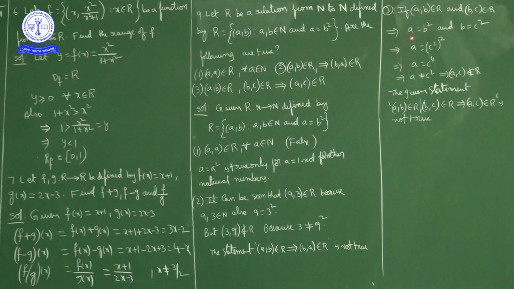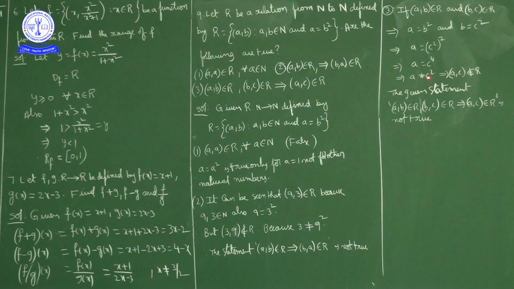Now in place of b we can write c square, so a is equal to c square whole square. So a is equal to c power 4. a is equal to c power 4 means a is not equal to c square.